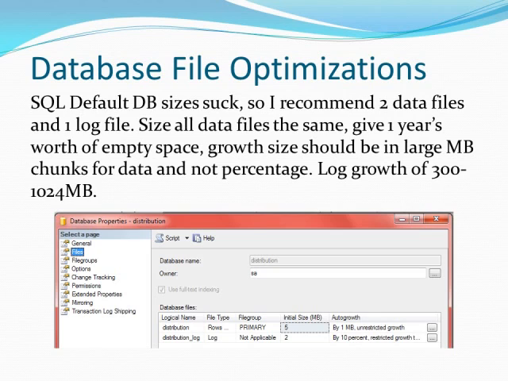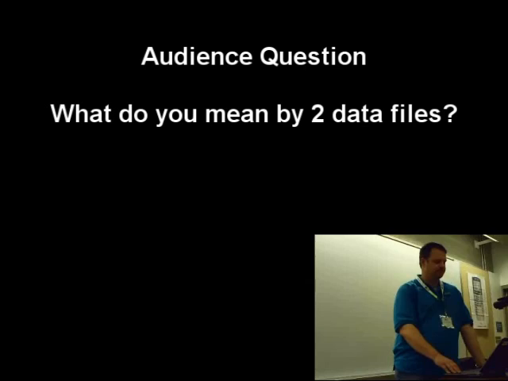The size she recommends starting out at is 8,000 megabytes, and she's done a lot of performance testing with that. The default is 5 megabytes, which is ridiculous. Make a guess. Just start out with like 2 gigs if you've got something small, and then for your growth rate, make it a megabyte growth, not a percent growth.